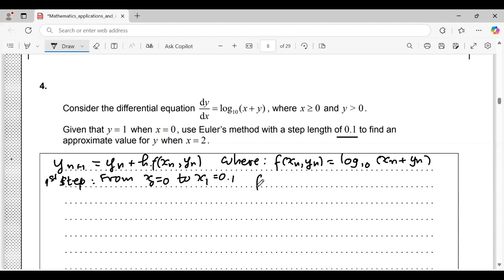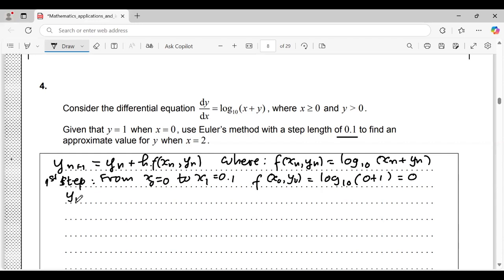So it means f(x0, y0) is log10(0 plus 1), it is 0, because log 1 is 0.